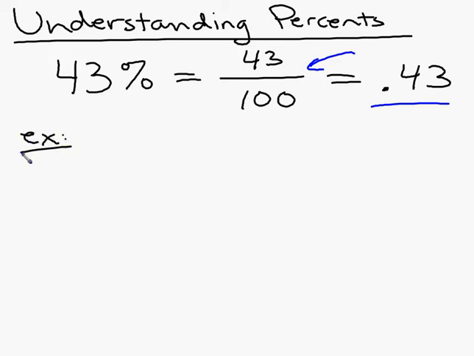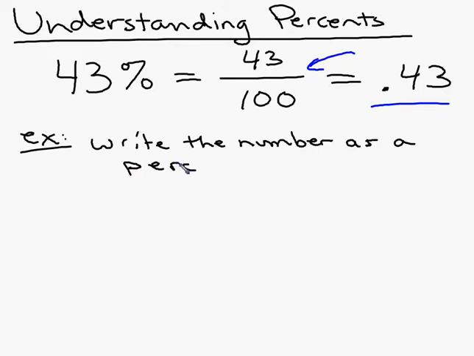So the first thing you're going to be asked to do is they're going to tell you to write the number as a percent. They're going to give you a number and they want you to write it as a percent, like 0.39.